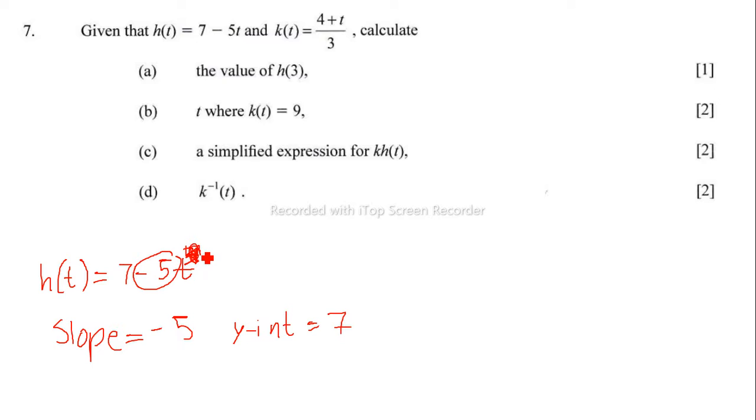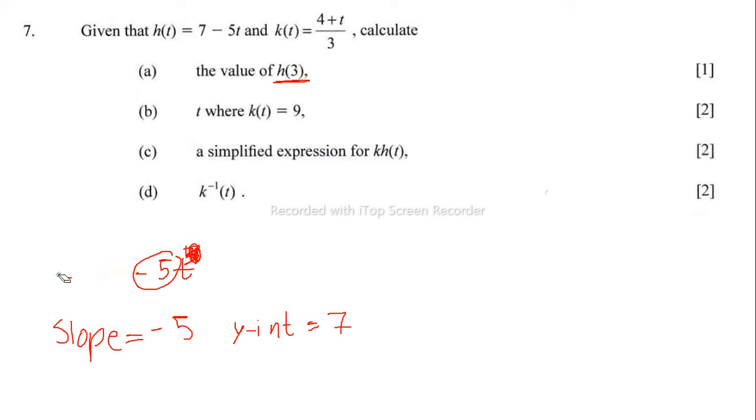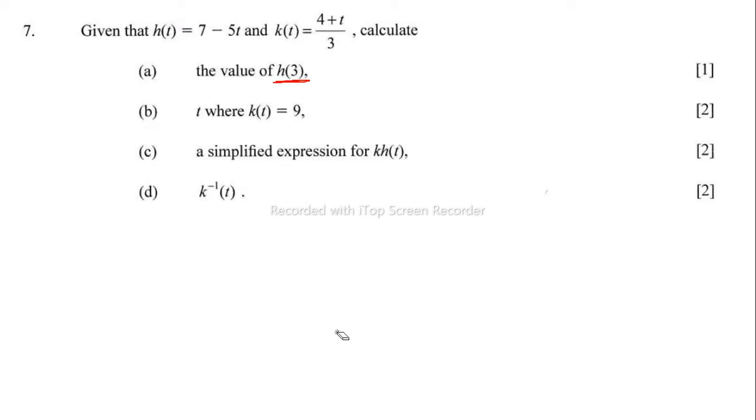So here they ask us to find the value of h of 3. What is h of 3? In order to find h of 3, we have to substitute 3 for wherever we see the t. This is how you do it.